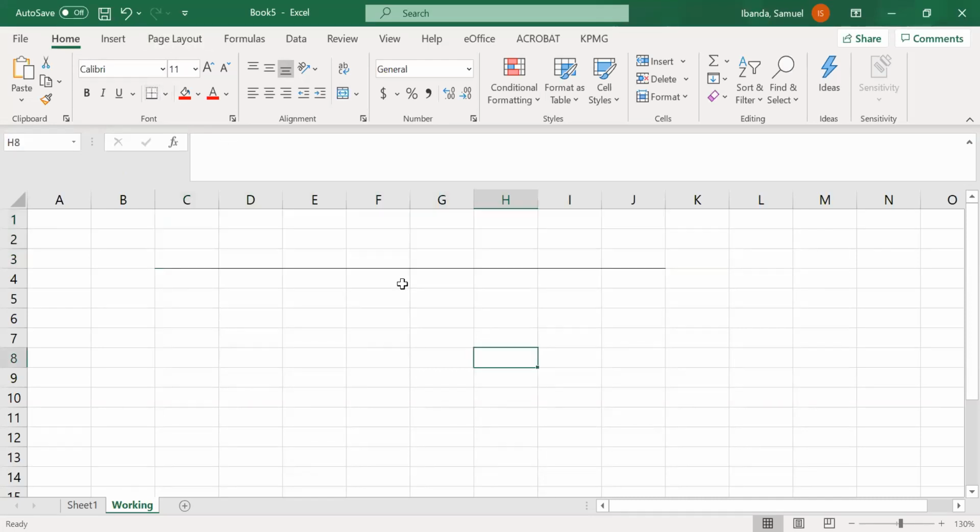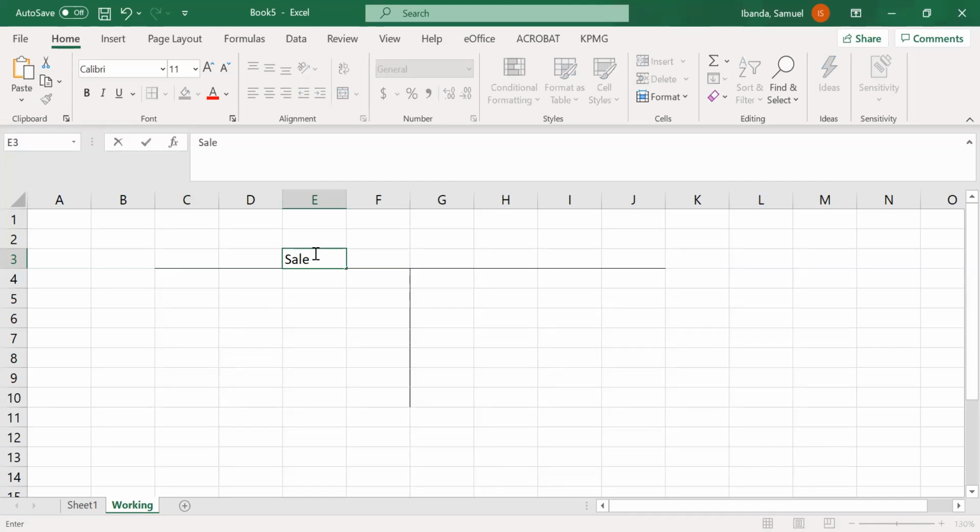I want you to observe something very critically here, very important in the study. Whenever you don't have sales, and especially there are credit sales, we use what we call control accounts. The control account we use to determine sales is called the sales ledger control account.